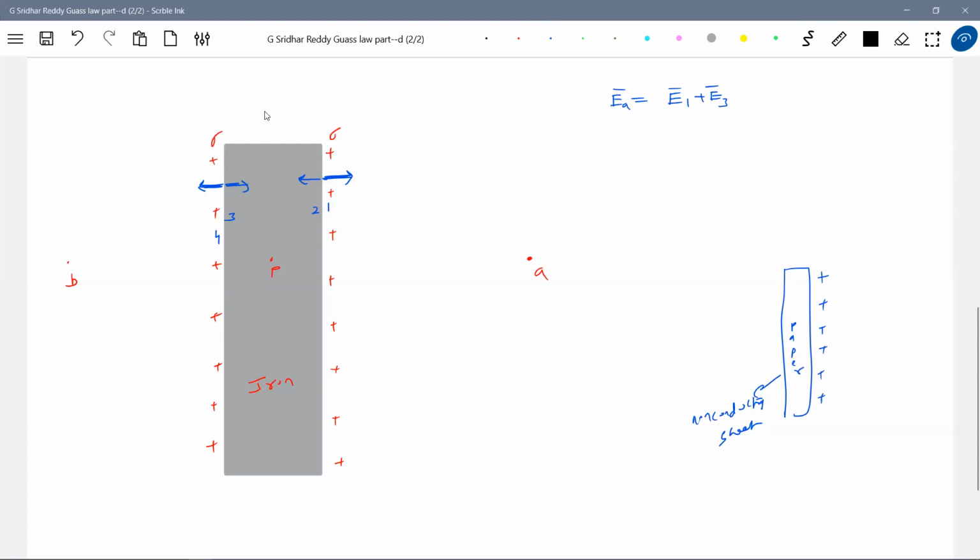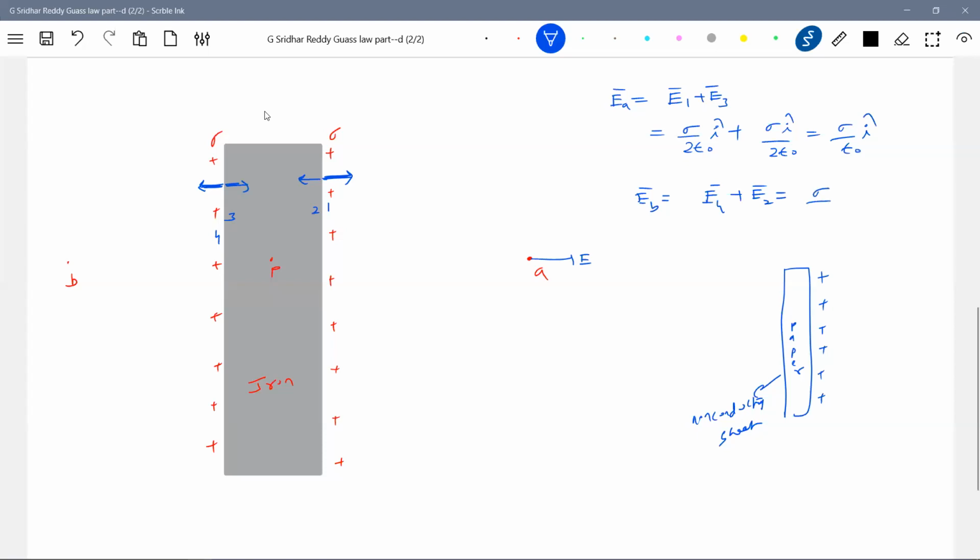So what is the field strength at point A? It is contributed by 1 and 3. Due to 1, how much? Sigma by 2 epsilon naught I cap. Together it is sigma by epsilon naught I cap. What is the direction of this? Like this. The field strength at point B will be contributed by 4 and 2.